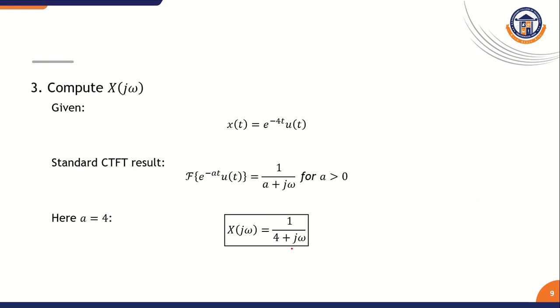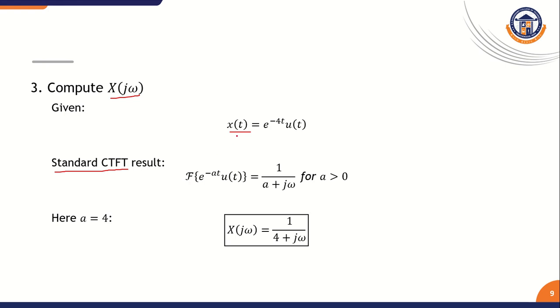Once we find capital Y of j omega, we need to compute capital X of j omega. The given input signal is x of t equals e power minus 4t into u of t.